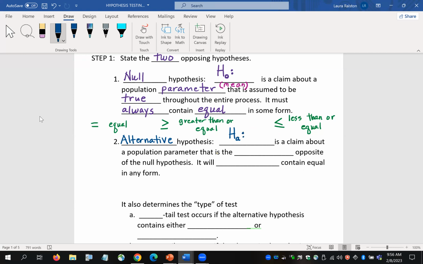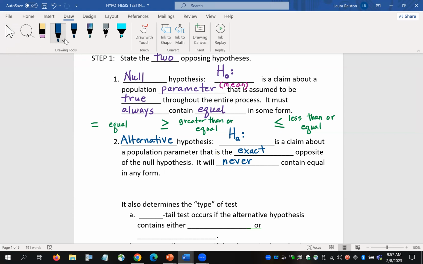And it is a claim about a population parameter, the same parameter that you had in the null, that is the exact opposite of the null. It will never contain equal in any form. So the null and the alternative are opposites of each other. Again, think about guilty, not guilty. They're opposites of each other.